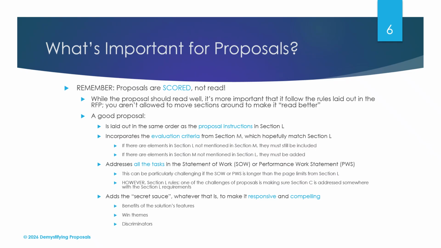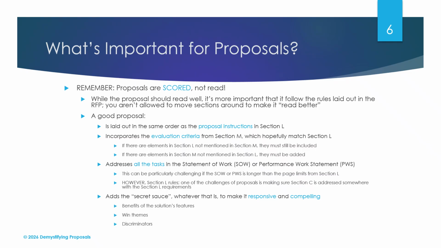Note that if there are elements in Section L that are not mentioned in Section M, they must still be included. And if there are elements in Section M that are not mentioned in Section L, they also must be added. The other thing a good proposal should do is address all the tasks in the statement of work or the performance work statement, which is usually found in Section C. This can be particularly challenging if the SOW or the PWS is longer than the page limits from Section L. However, Section L rules.